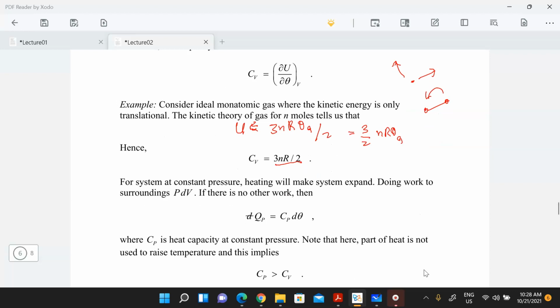Well, if instead of constant volume, you have a constant pressure state, then you will define a different heat capacity here, Cp. And over here, what's going to happen is the fact that volume can change.